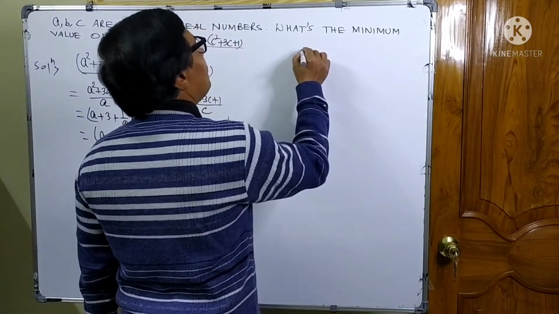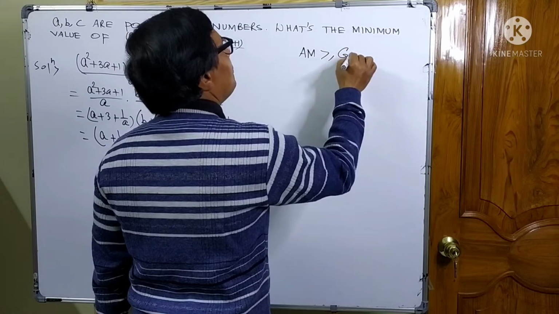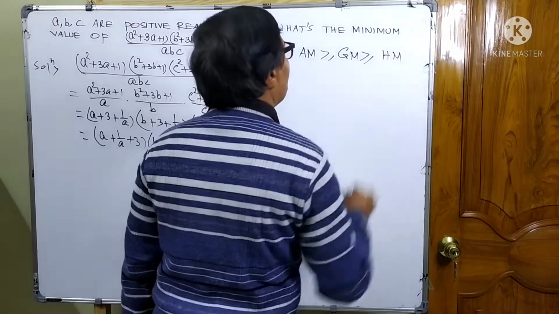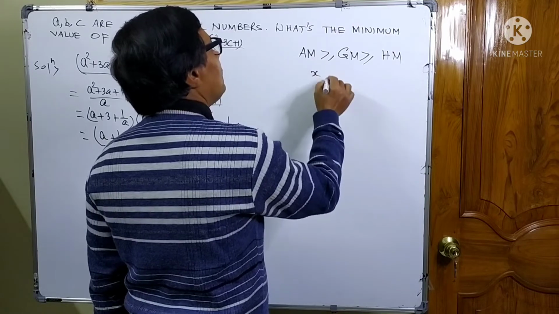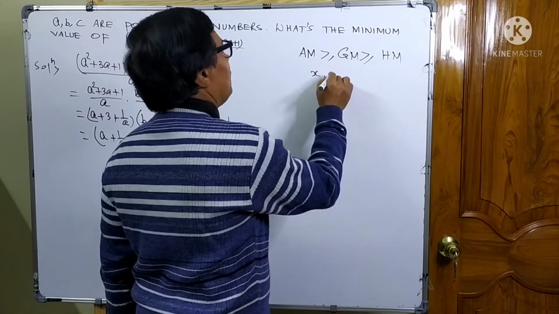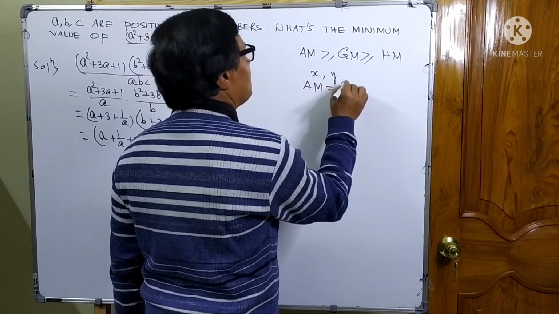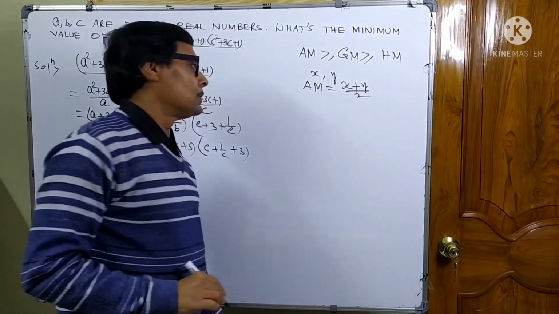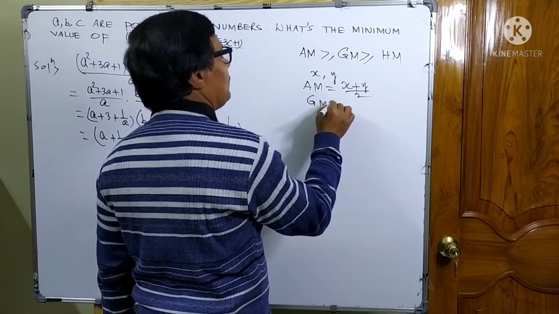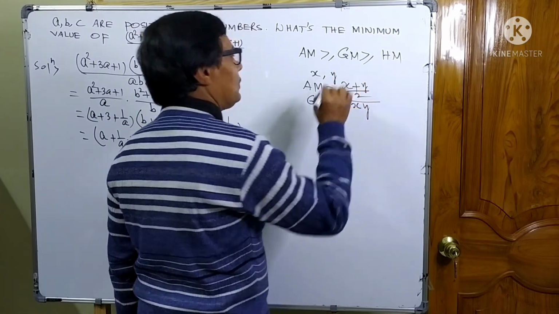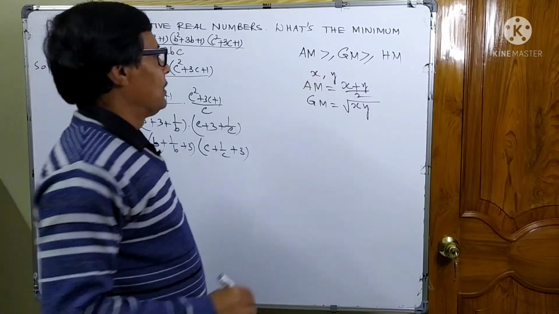So if x and y are two quantities, the arithmetic mean of x, y is (x + y)/2, and the geometric mean is the square root of xy.